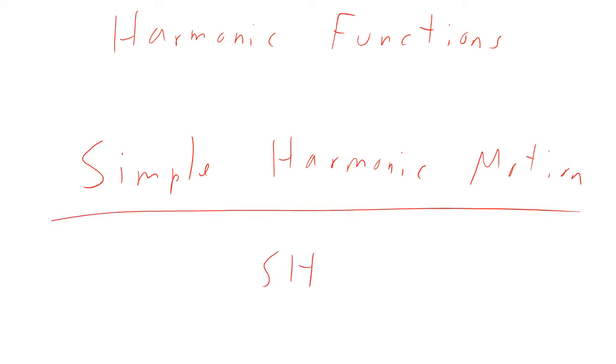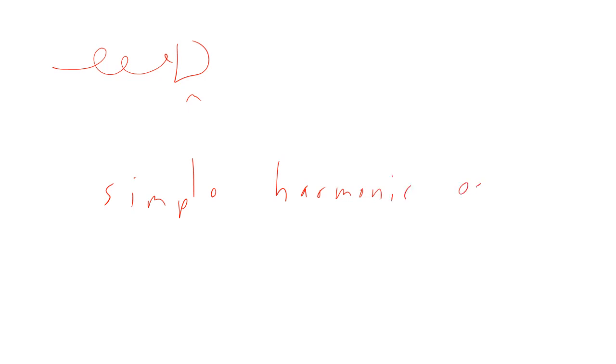My books just abbreviate it SHM. Or a mass with a spring is a simple harmonic oscillator, and we can just abbreviate that SHO.